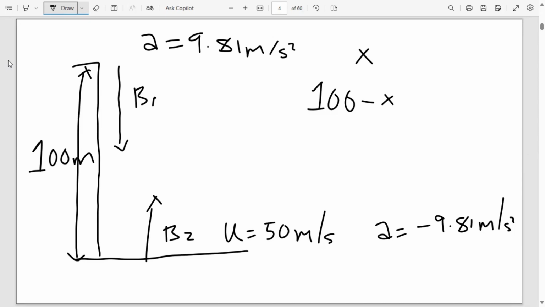Yes. Okay, so the distance covered by B1 will be 100 minus x meters, whilst the distance covered by B2 will be x meters. So from here, I've already named them B1 and B2.